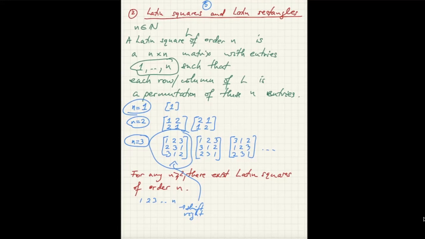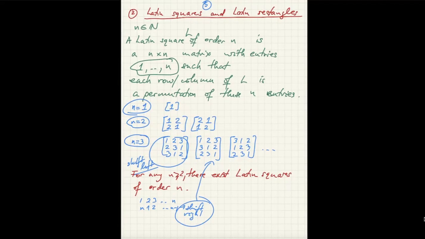I'm sorry, the one shifted to the right is this one, in which you get n, 1, 2, and so on up to n minus 1. Or you can shift to the left and you get this one. So these are kind of easy ones.